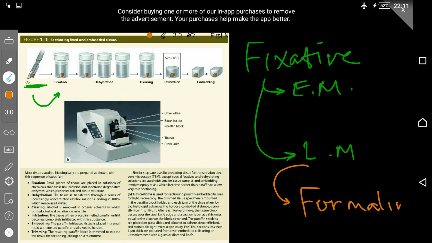Formalin is a solution of formaldehyde with 37% formaldehyde concentration. And if the tissue is being studied with an electron microscope, then another fixative is used, which is glutaraldehyde. Glutaraldehyde.